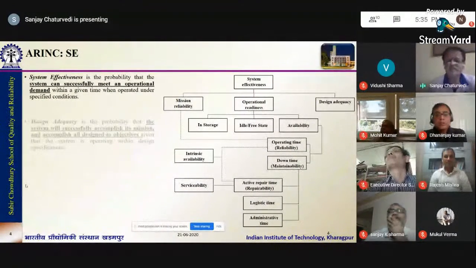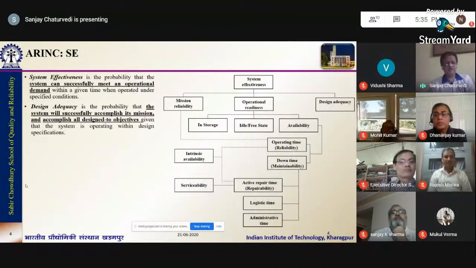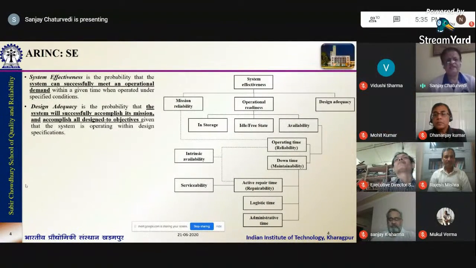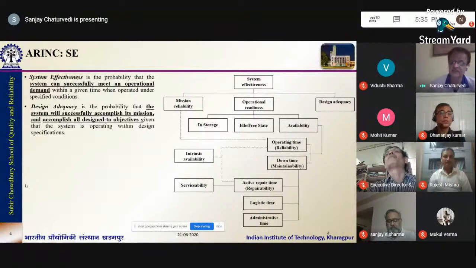Design adequacy is whether, by design, the system will successfully accomplish its mission on the design objectives. Recently there was an ISRO mission where they said the mission was 95% successful. I can say that becomes a design adequacy, such a good performance of design to objective, with 5% short.